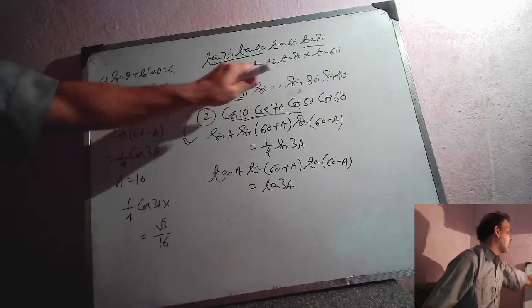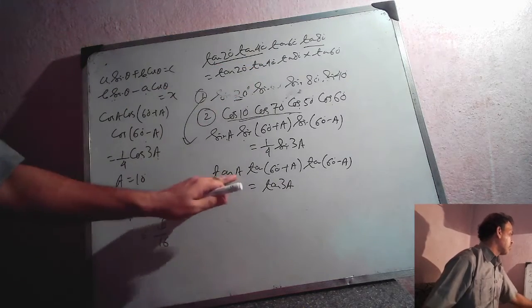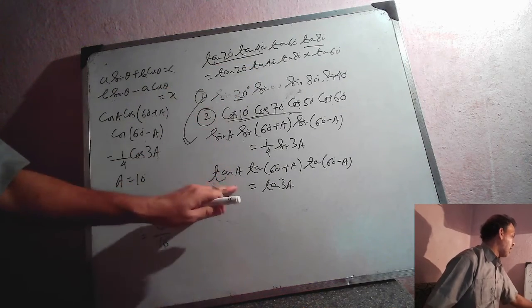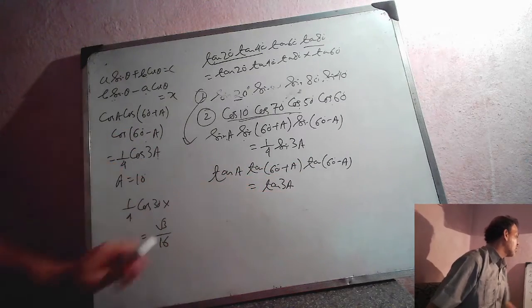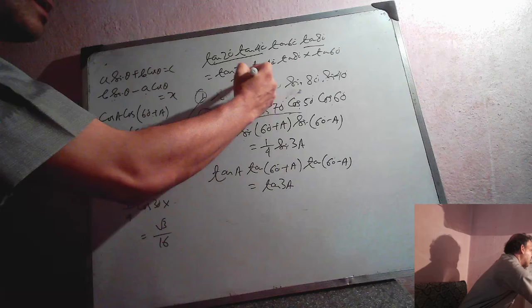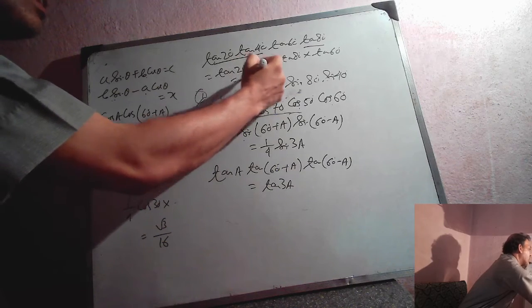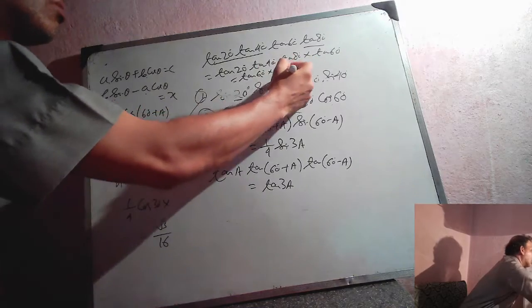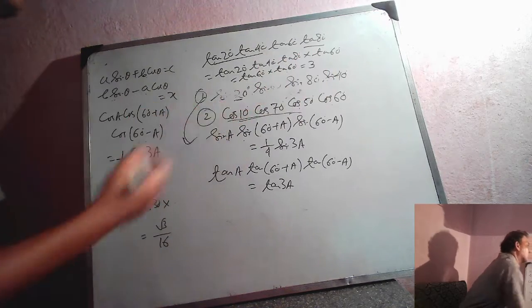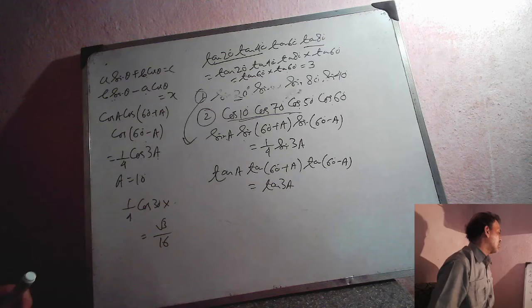For the first three terms we have the formula; if we replace A by 20 we have tan 20, tan 80, tan 40, which is nothing but tan 3A. So we put tan of 3A, A means 20, tan 60 into tan 60, tan 60 is root 3 into root 3, 3. So our answer will be 3.